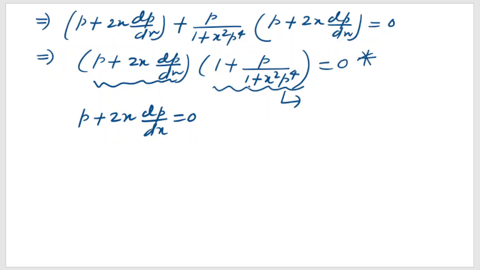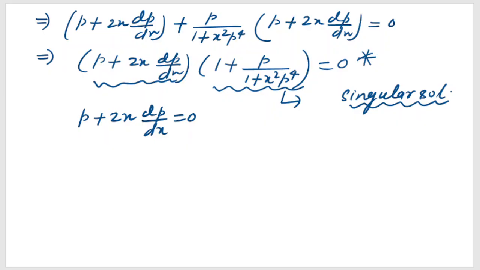Yes, it can be considered to be 0, but for the time being I am going to ignore it, because this will contribute to the singular solution. You might not be aware of the term. I will explain this when I talk about Clairaut's form, but since we are solving the differential equation to find the general solution, we ignore that part which will contribute to the singular solution.